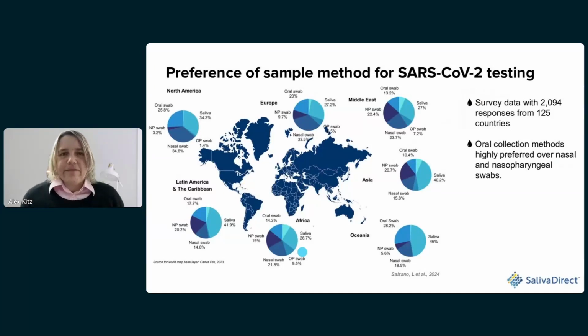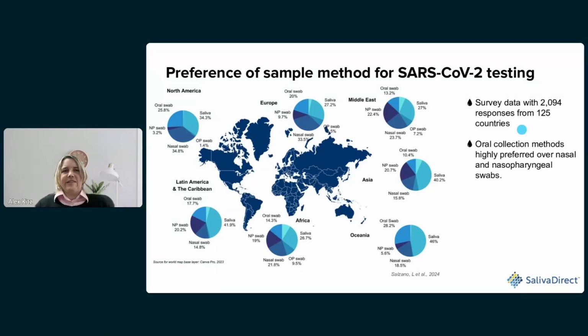On this slide, I'm showing you the preference of sample method. It's a study that was conducted after the COVID-19 pandemic, and they collected survey data from about 2,100 participants across 125 countries and investigated which kind of sample type people prefer.